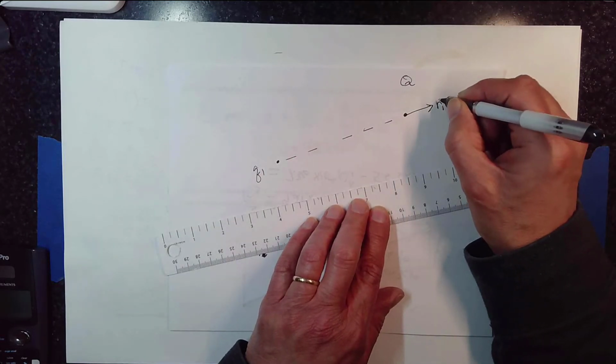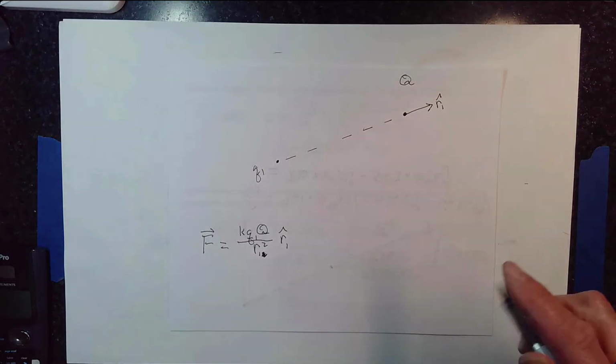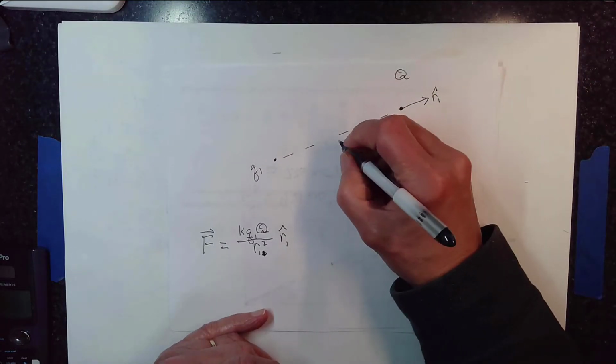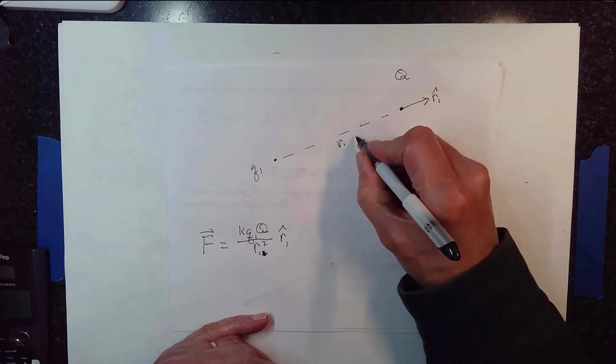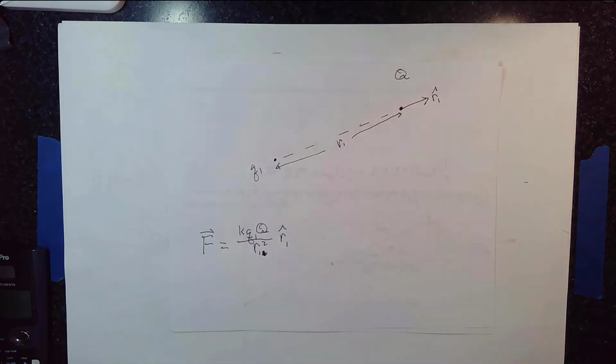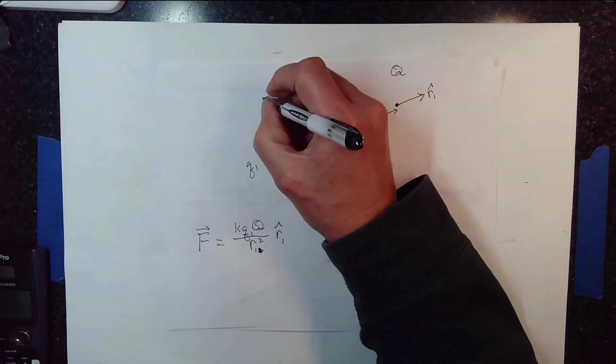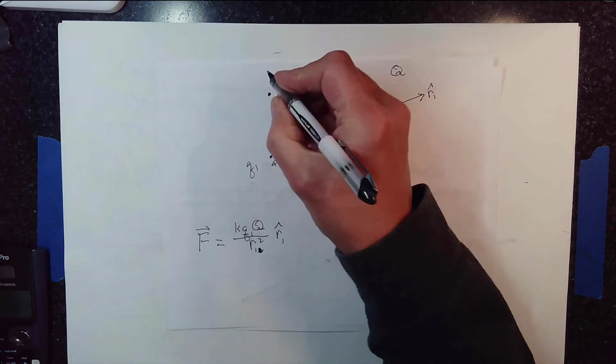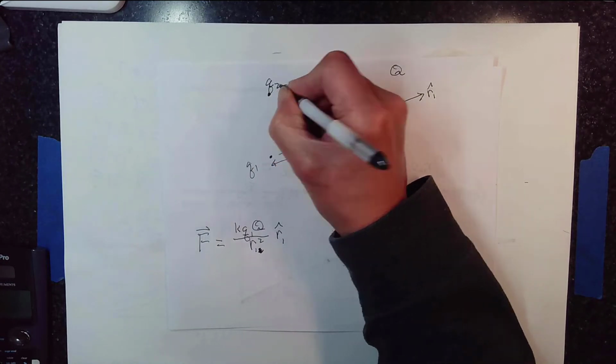R1 hat would point in that direction, a unit vector out there, and this length right here is going to be R1. Well, what if there's another charge out here somewhere, like up here, we could have a Q2.